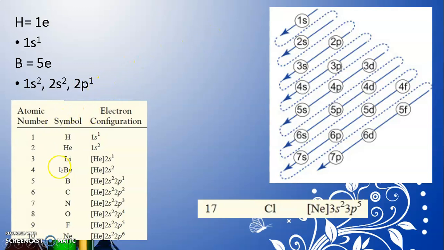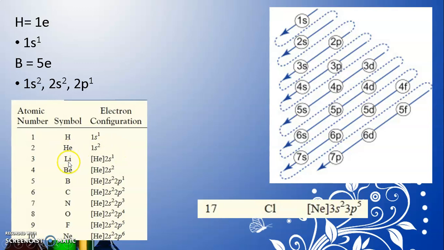Now in this table, you can see that helium is found in the noble gas configuration of your periodic table. If you have an element that is found after a noble gas, you can make use of helium, put it in a bracket, and continue on with the other elements after helium.